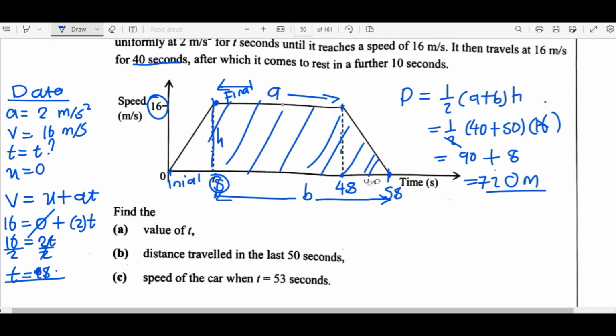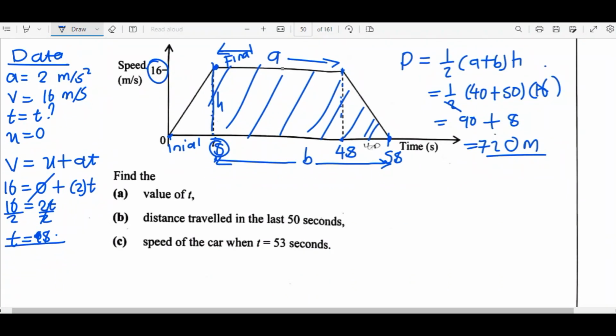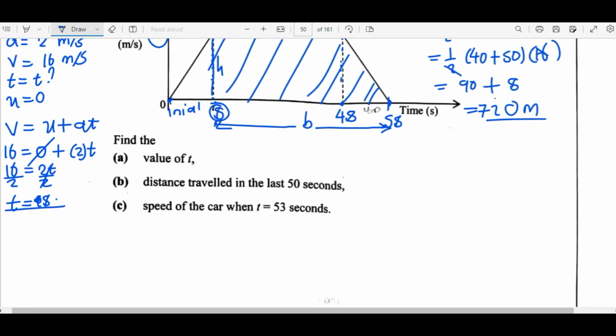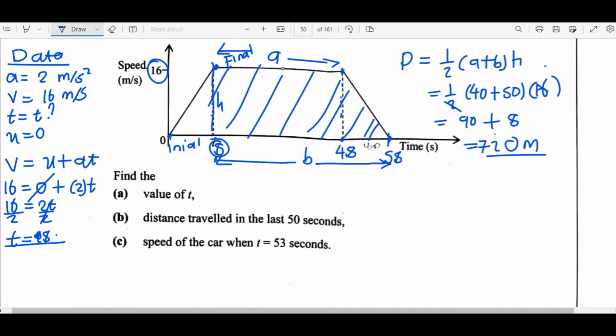Then you see the speed of the car when t is equal to 53. So under this question, we need to think. First let me get rid of these. So when t is equal to 53, somewhere here, this is where our t is equal to 53.